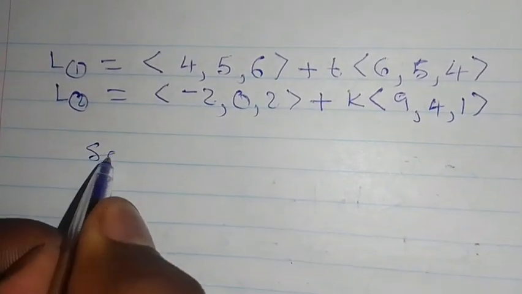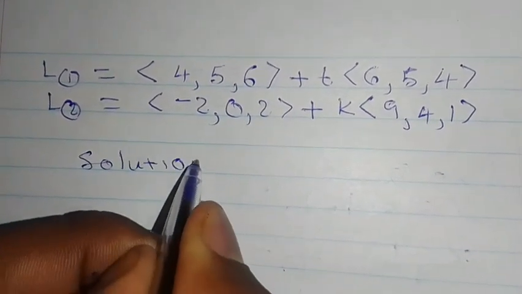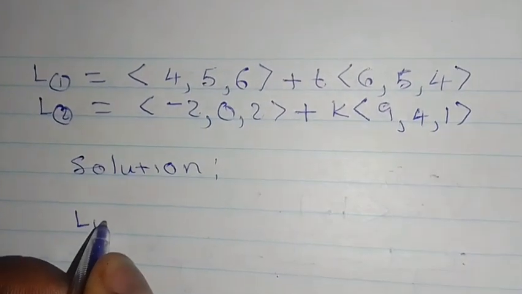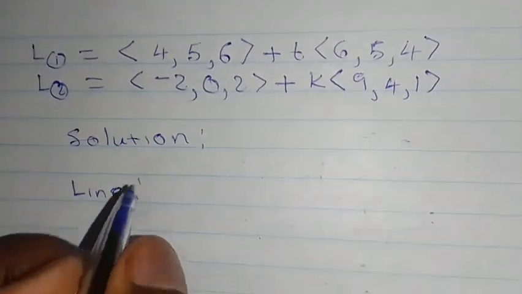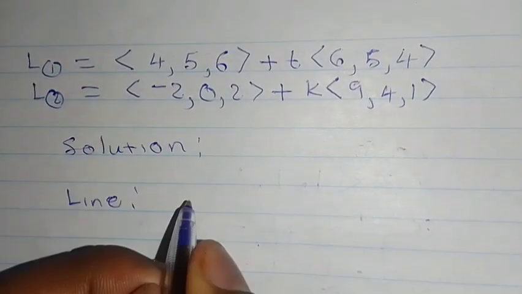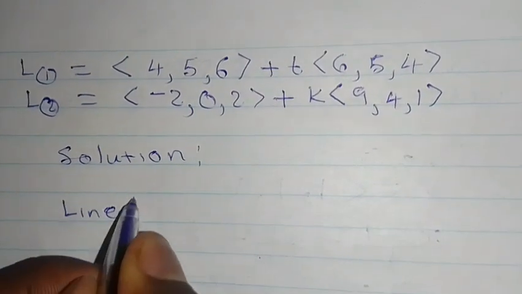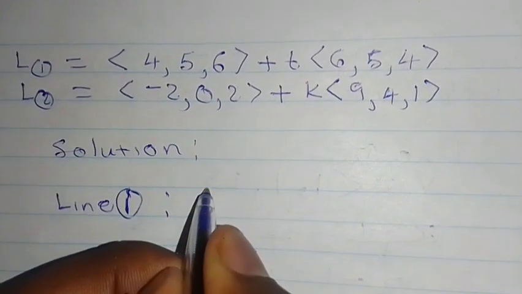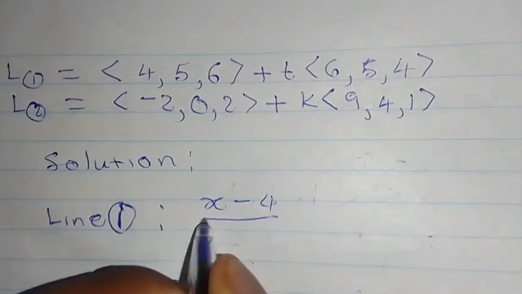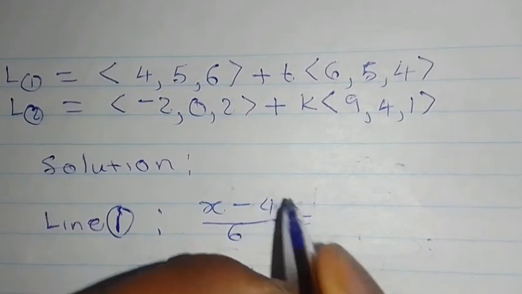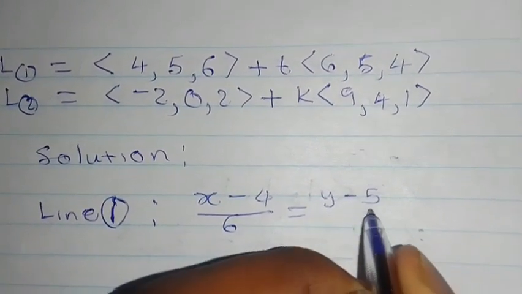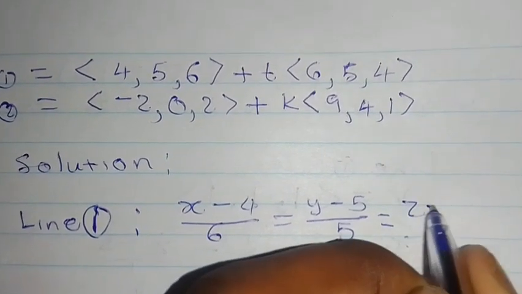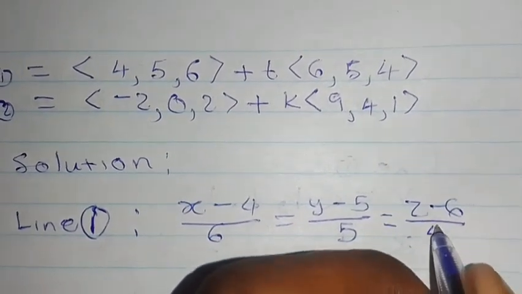So now the solution to that: what I said is first convert each line to a symmetric equation. So what will be the symmetric equation of line 1? It will be (x minus 4) over 6 equals (y minus 5) over 5, which equals (z minus 6) over 4.